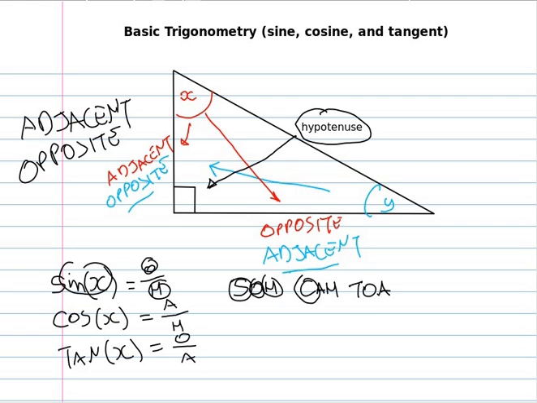CAH, cos equals adjacent over hypotenuse, and tan equals opposite over adjacent. So these are the basic trigonometric ratios as they apply to a right angled triangle. What we'll be doing is having a look at some examples in just a moment.